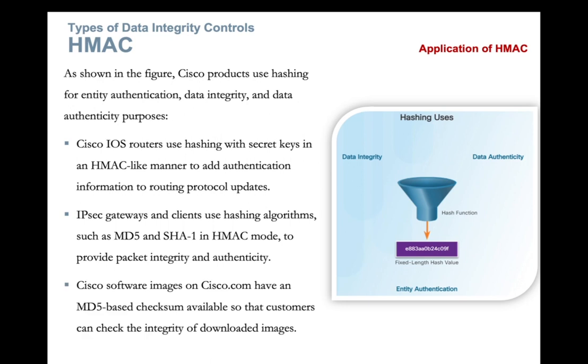Cisco software images on cisco.com have an MD5 based checksum available so that customers can check the integrity of downloaded images. The term entity can refer to devices or systems within the organization.